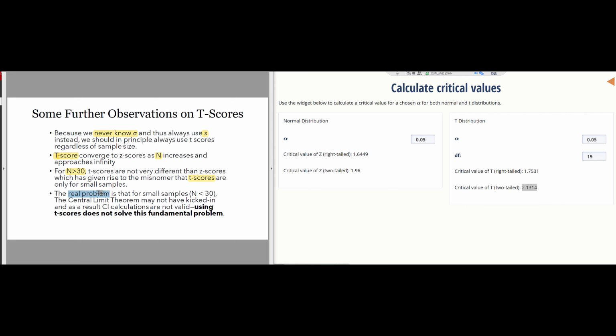So the real problem with using a small sample size is that we can't rely on the distribution of the sample means to have converged to a normal distribution under the central limit theorem.